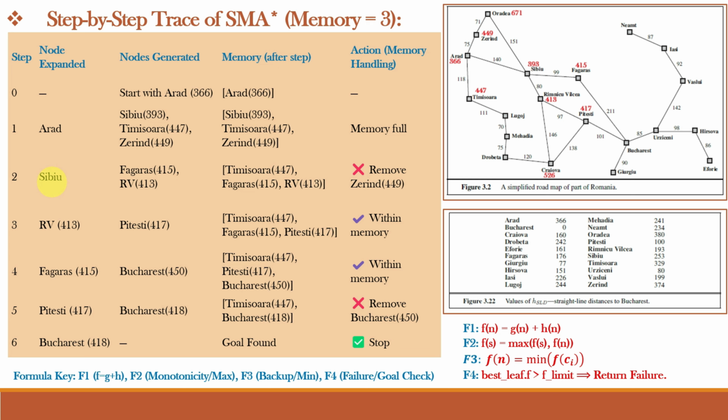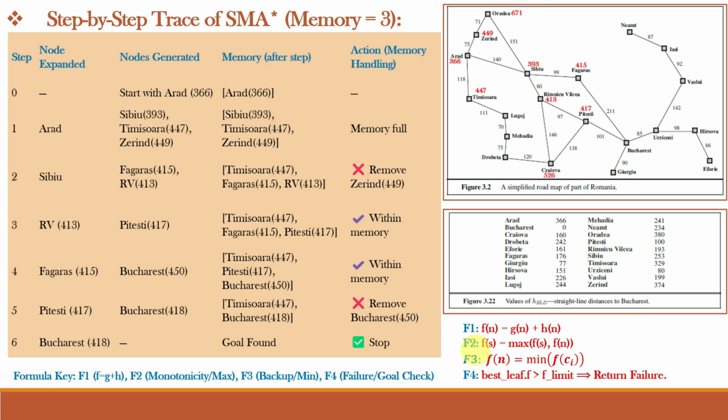Now Sibiu is expanded. The children of Sibiu are Fagaras and Rimnicu Vilcea. For Fagaras, the G cost is from the starting point, that is from Arad. Okay, so Arad to Sibiu, Sibiu to Fagaras. So 140 plus 99, which is equal to 239, and H of Fagaras is 176. So using this formula, F of Fagaras is equal to 239 plus 176, which is equal to 415.